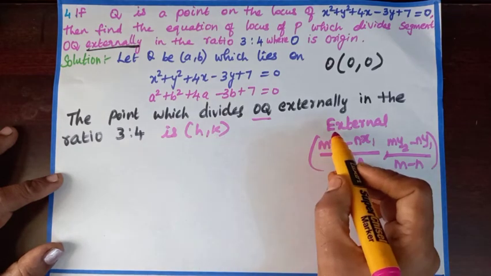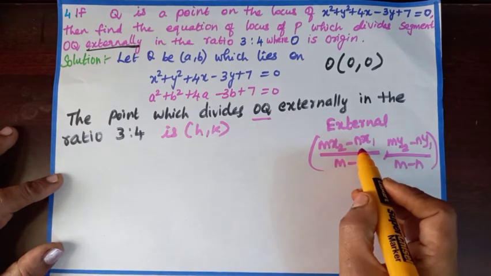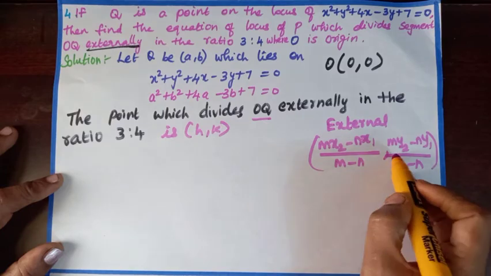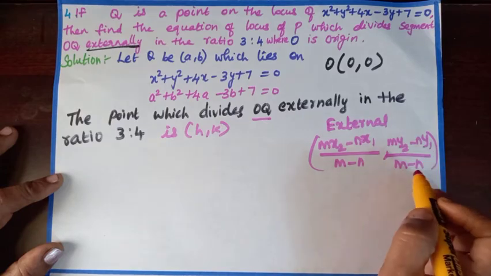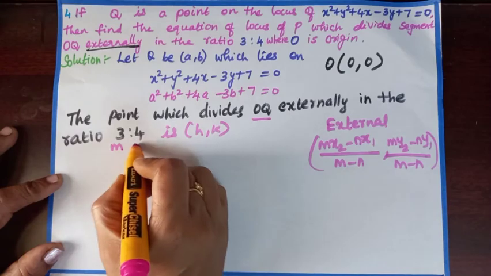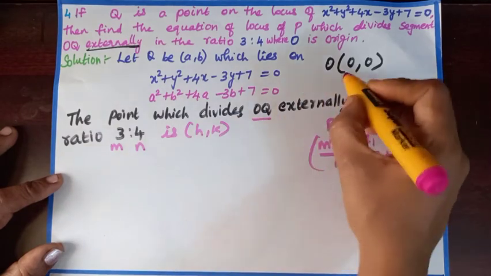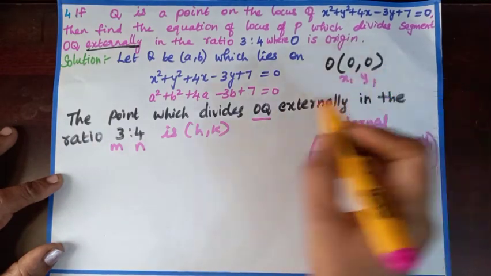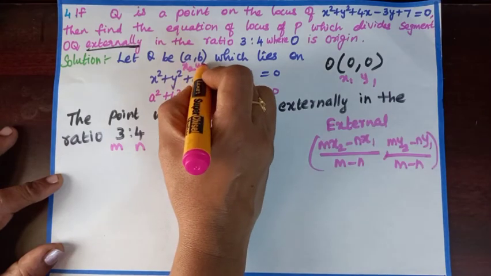We know already the formula for external division: (m x2 minus n x1) by (m minus n), (m y2 minus n y1) by (m minus n). m is 3, n is 4. O is x1, y1. (a, b) is x2, y2.